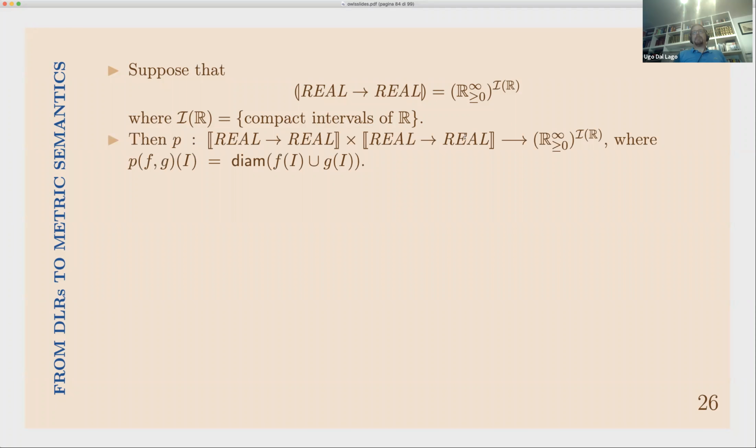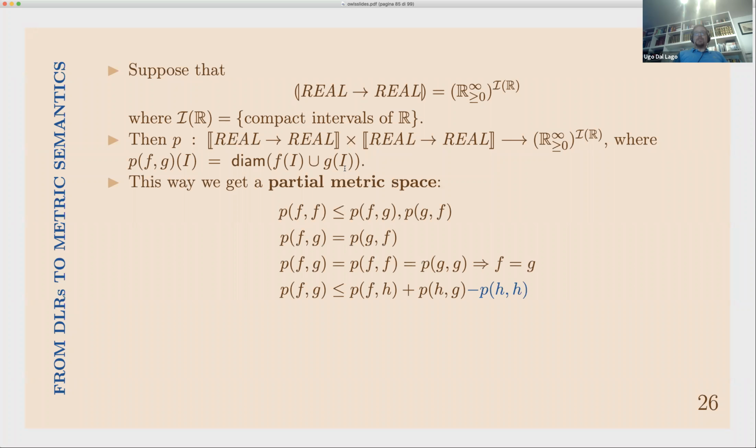Then, if you have a pair of functions f and g between real numbers, the distance between them is itself a function which attributes to any compact interval I the diameter of the union of f of I and g of I. So you compute f of I and g of I, you take the union, which is a pretty big set of reals, of which you take the diameter.